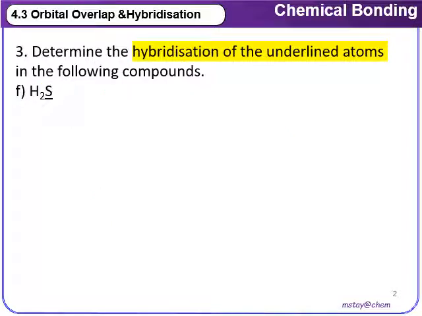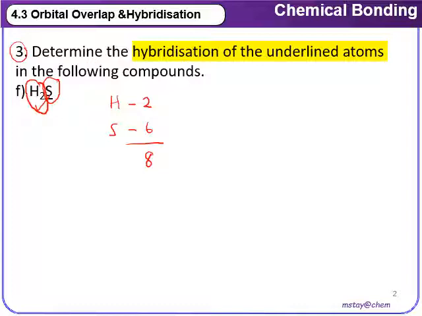Last question under question number 3, H2S. In this case, sulfur is the central atom because hydrogen is never the central atom. Hydrogen has 1 electron, but we have 2 hydrogens here, and sulfur has 6 valence electrons, so altogether there are 8 electrons. But based on, again, the formula here, we have 2 terminal atoms.